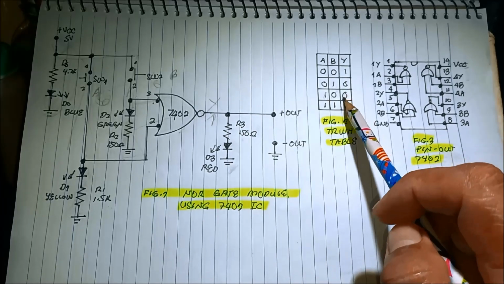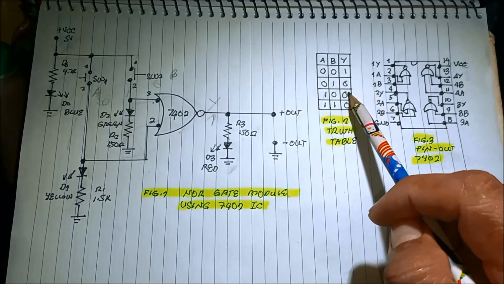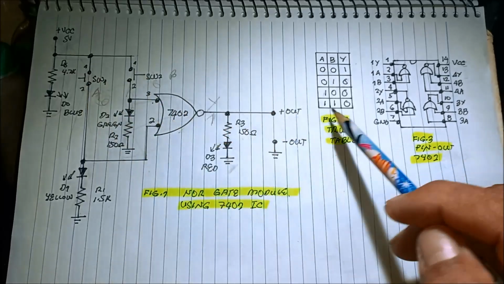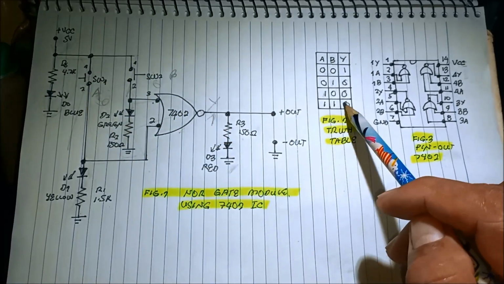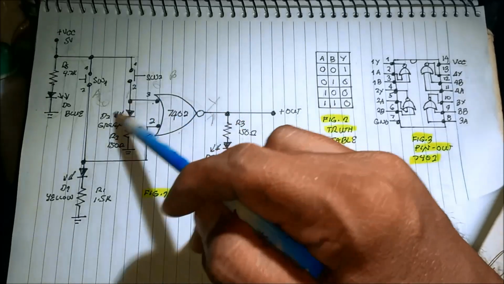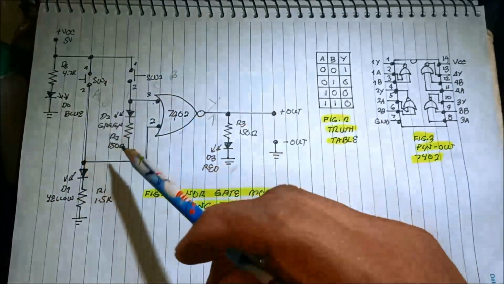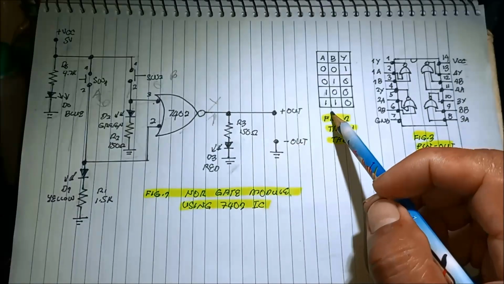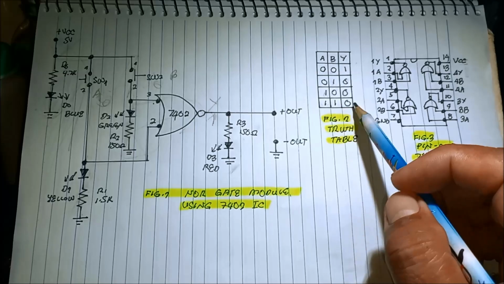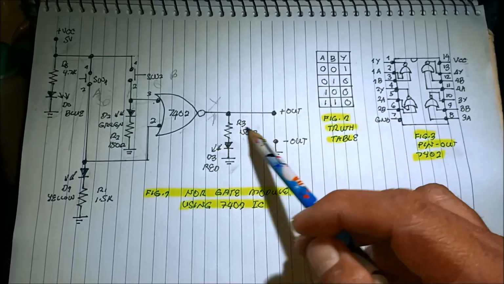There is 0 here in the output. While pressing both switches, 1, 1, meaning pressing both switches or having a high level, we don't have the output.